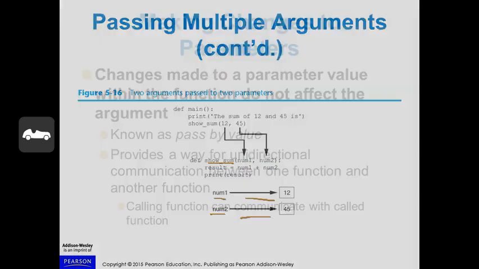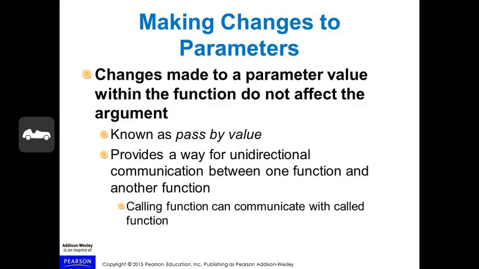And when an argument is passed to a function in Python, the function parameter variable will reference the argument's value. However, any changes that are made to the parameter variable will not affect the argument. So this is known as pass by value. We also call this unidirectional communication between one function and another function.